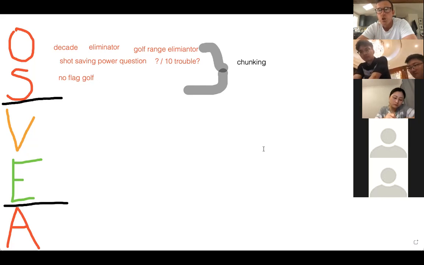Chunking is the ability to pull pieces of information and put them together, so all these individual pieces of information create a meaningful picture.